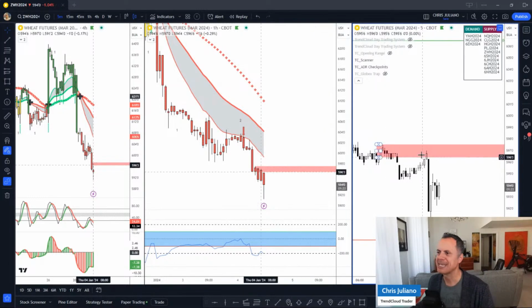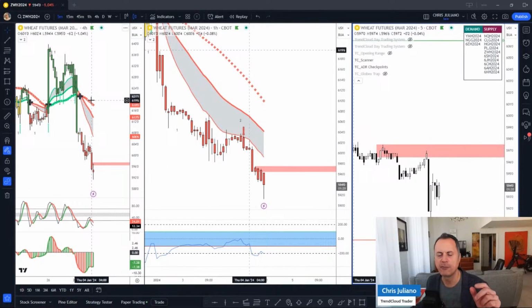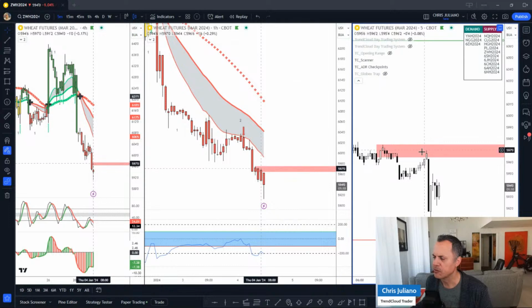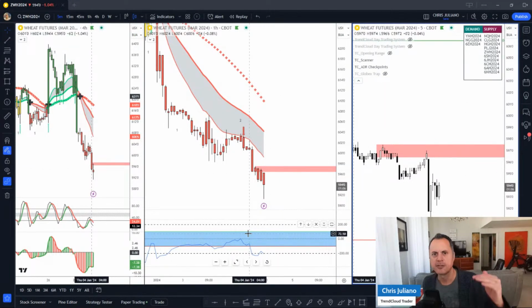It took place in a downtrend on the 4 hour chart. So we have a downtrend across multiple time frames. All right, great. This pullback also took place with momentum to the downside as well.